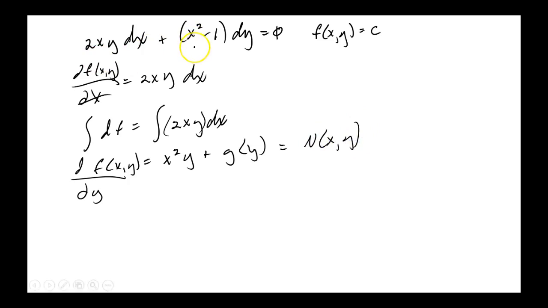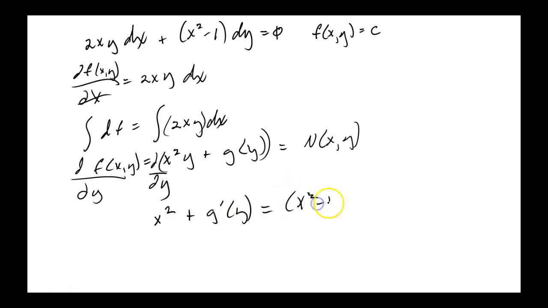Right? So, let's take the partial of this with respect to y. What would that be? x squared plus g prime of y is equal to x squared minus 1. Right? That was your N of xy.